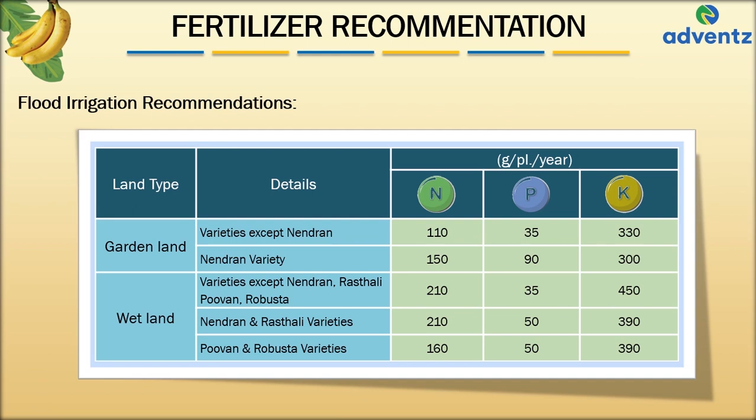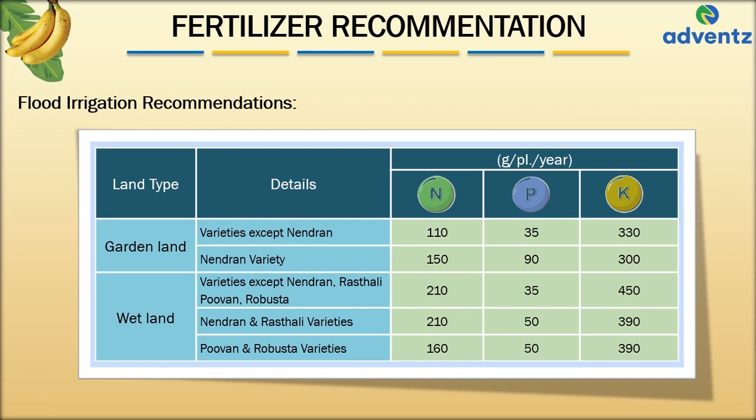For banana varieties except Nendran, Rasthali, Puvan and Robusta growing in the wetland, the nitrogen requirement per year is 210 grams per plant, phosphorus is 35 grams per plant and potassium is 450 grams per plant.